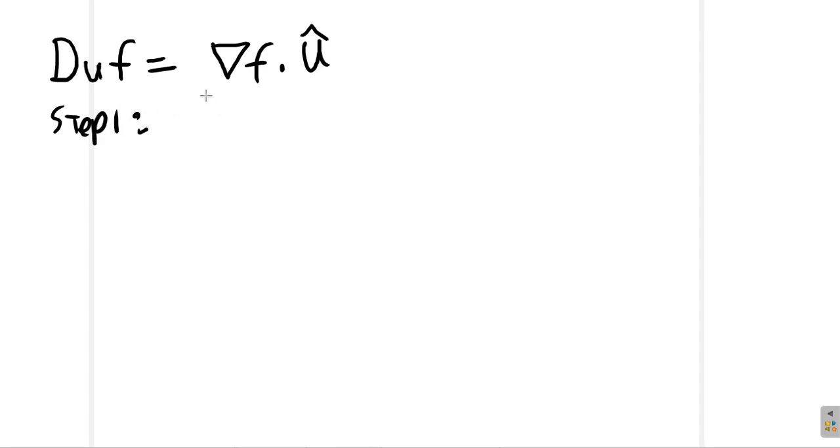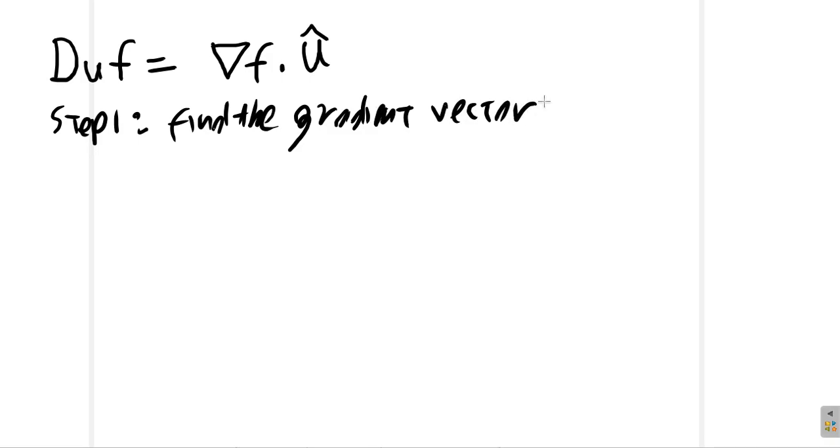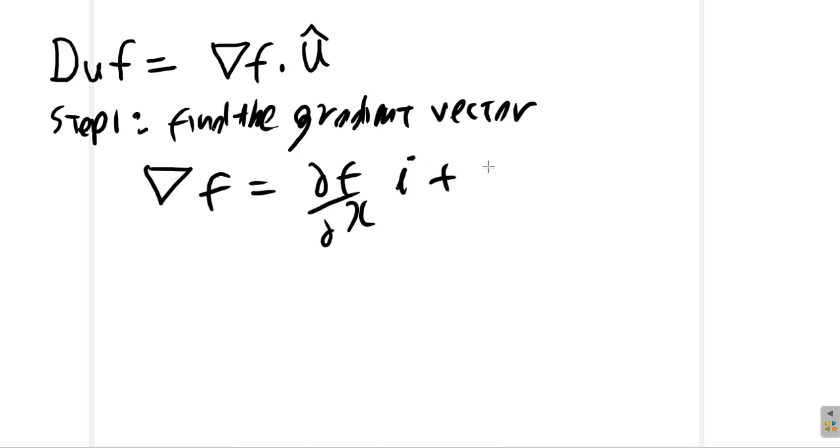You find the gradient vector. So this gradient vector, nabla f, is equal to the partial derivative of the function with respect to x, i, plus the partial derivative of the function with respect to y, j. Alright?